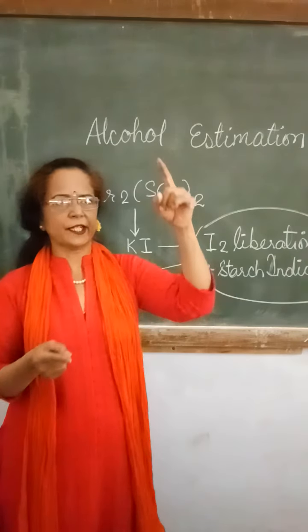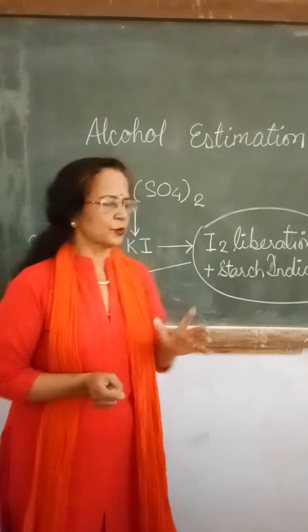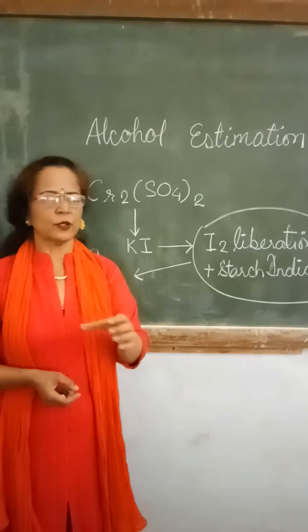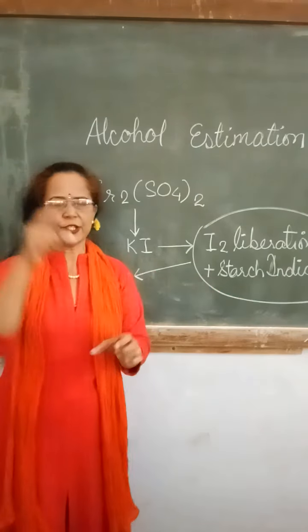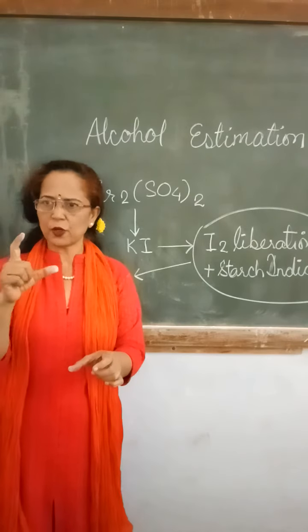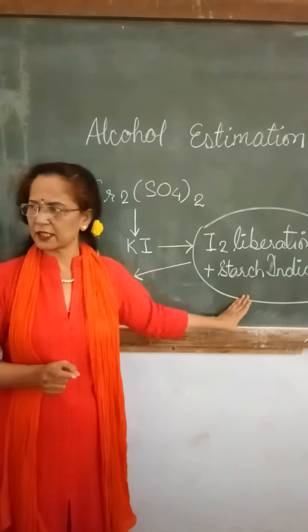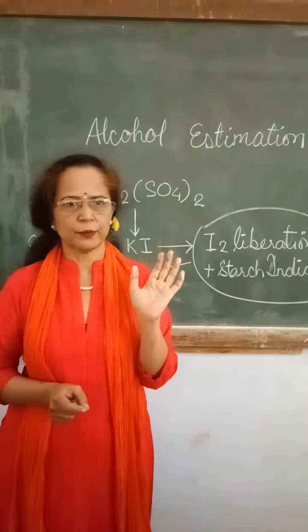You take a 10 ml capacity pipette and fill it with sodium thiosulfate, shake your flask of this mixture, and gradually add the sodium thiosulfate solution dropwise into the flask. Then you have to wait for the end point.